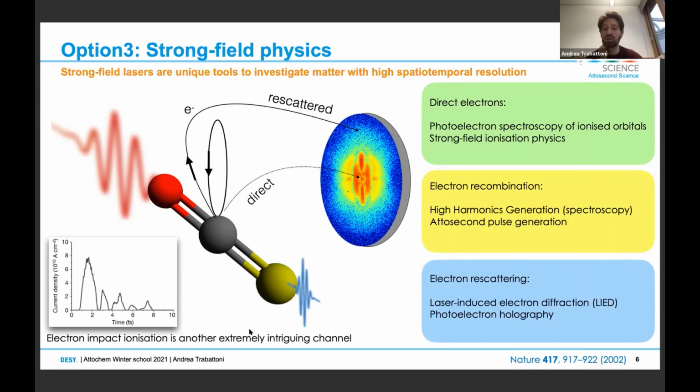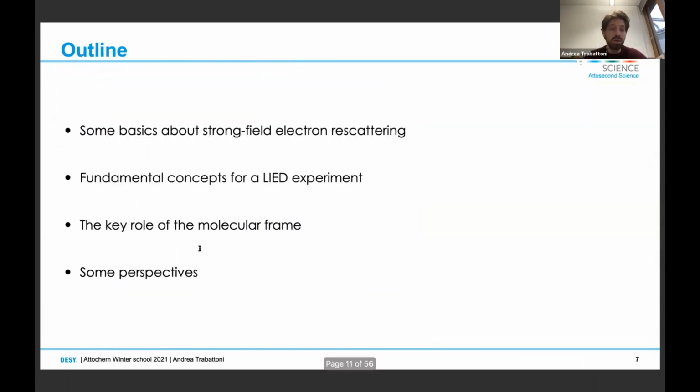But I really encourage the audience to go into the details also of this channel and look in the literature. So in this perspective, today I will try to give you some basics about strong field electron rescattering, some fundamental concepts in order to do a laser-induced electron diffraction experiment. I would like to stress the key role of the molecular frame, and then I conclude with some perspectives.